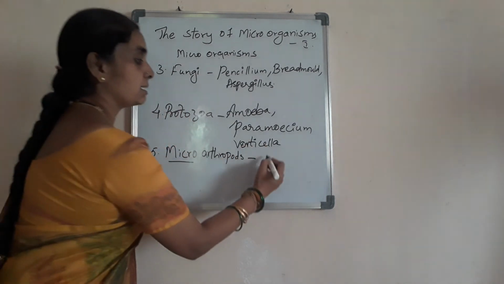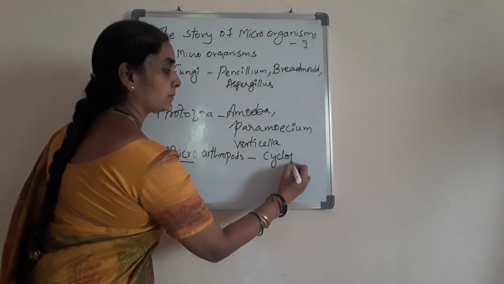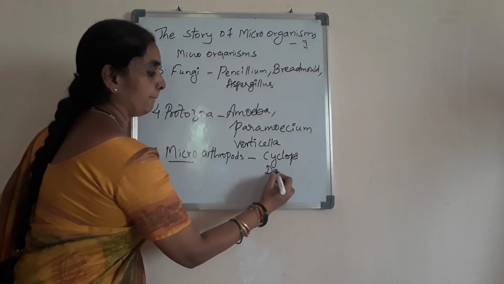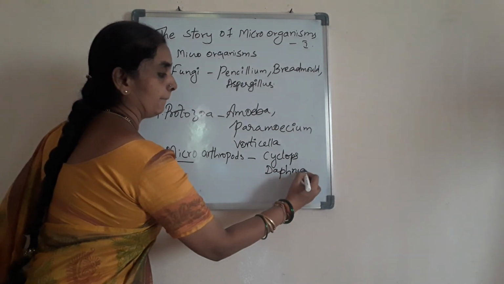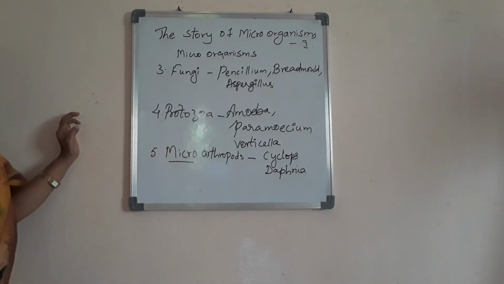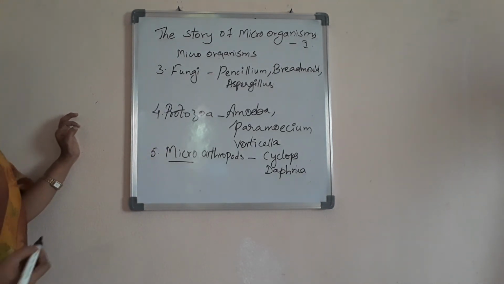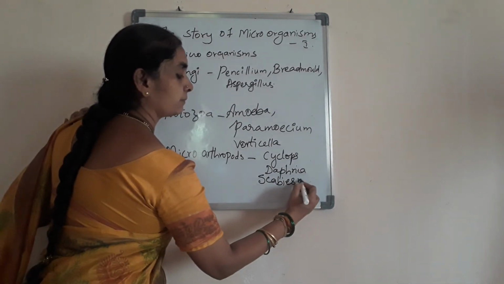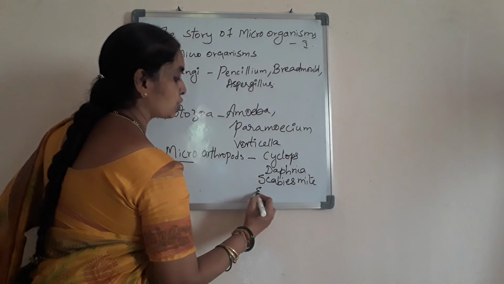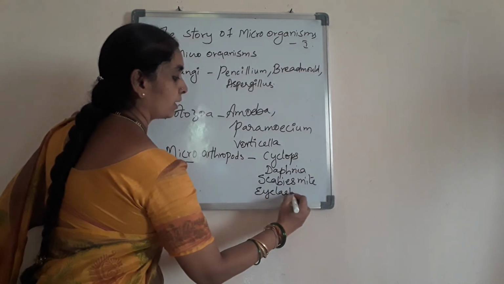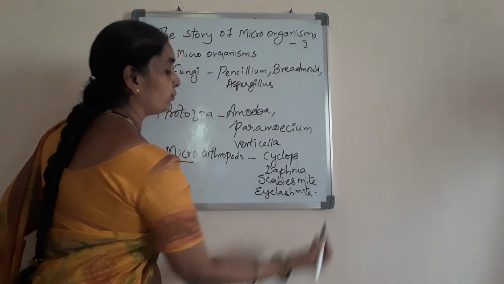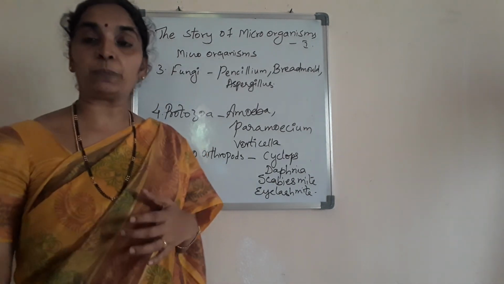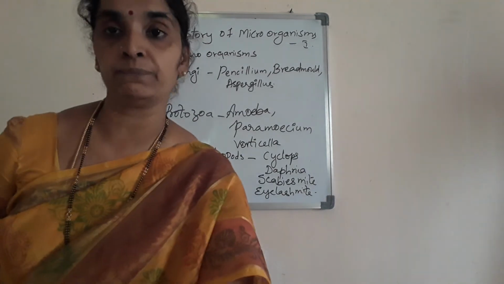They are cyclops, Daphnia, scabies mite, and eyelash mite. So these are already given for you in your textbooks, and you can observe and verify each picture and identify them easily.